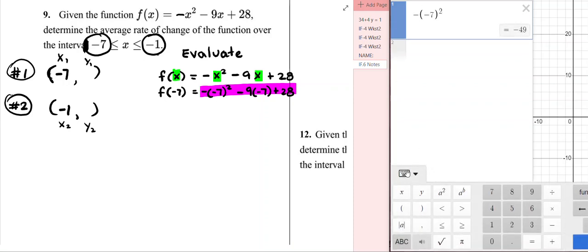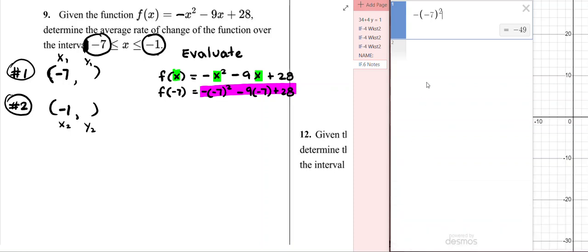Just click on this keyboard right here and there's your squared. Then minus 9, parentheses, negative 7, close the parentheses, plus 28. And voila, the answer is 42.